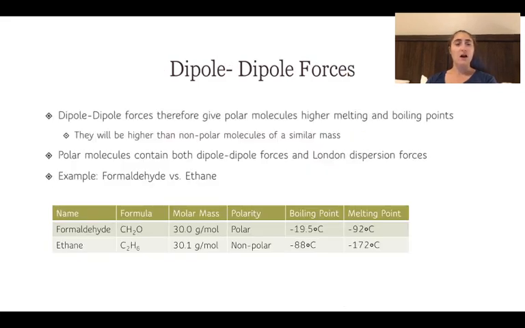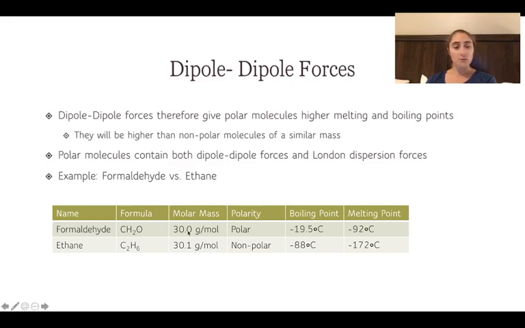Dipole-dipole forces therefore give polar molecules higher melting and boiling points. The stronger the intermolecular force, the higher the melting and boiling points are. So these should be higher than non-polar molecules of a similar molar mass. Let me show you what that means.